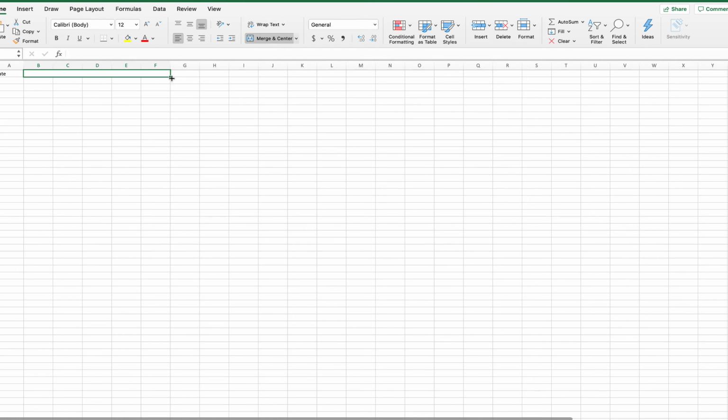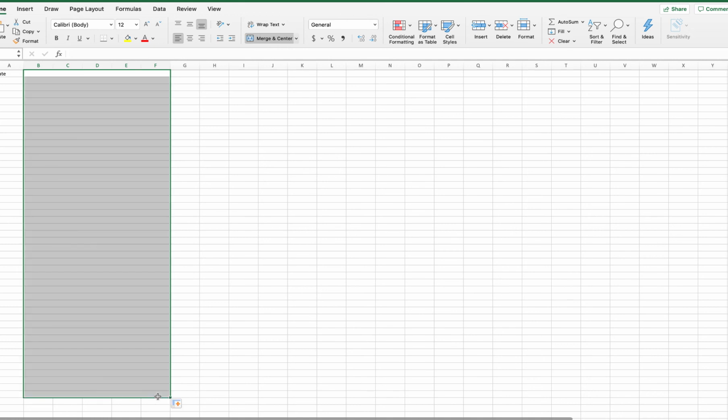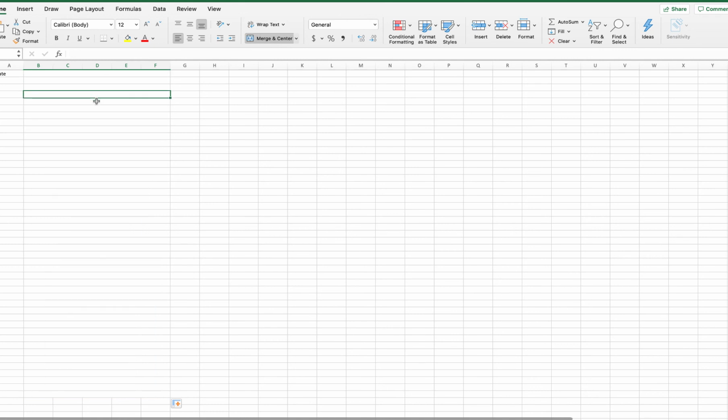That's because I'm at the bottom right corner of this cell. If I just click and drag down, it's going to format all the cells beneath that B1. I'm just picking an arbitrary amount, okay? I let go. Now if you'll notice, all these cells are merged and left aligned, okay?